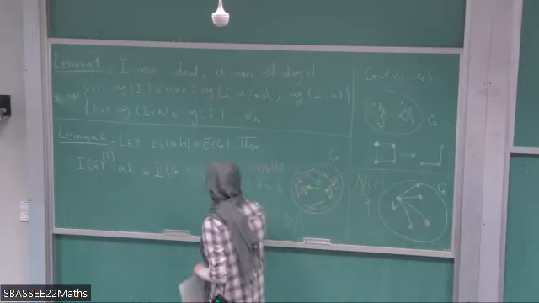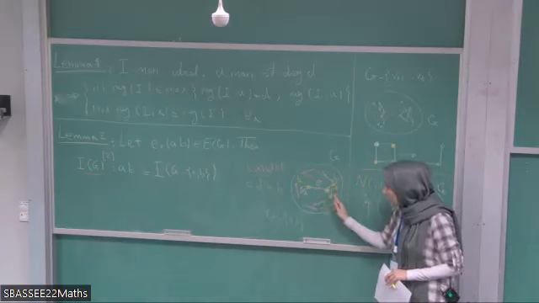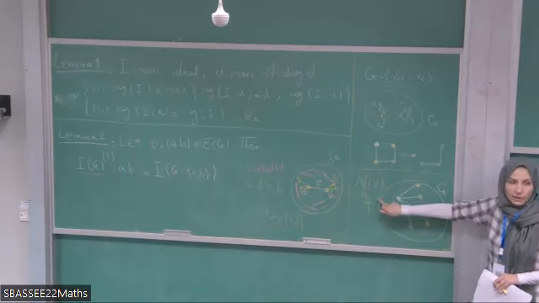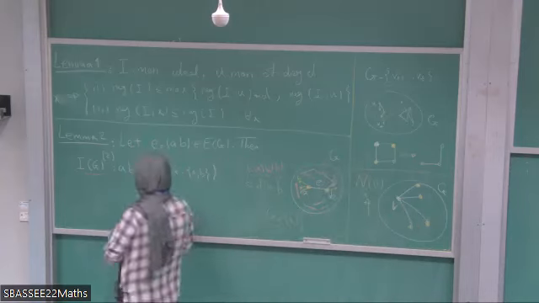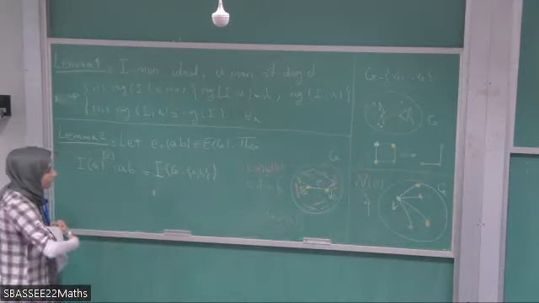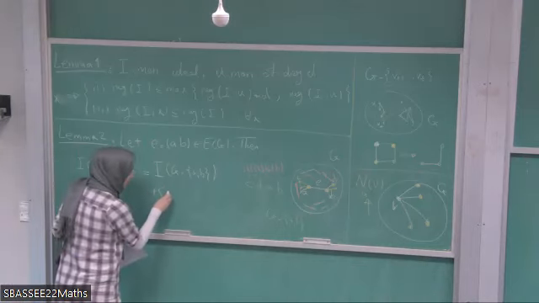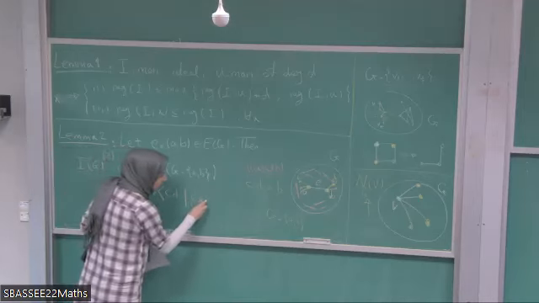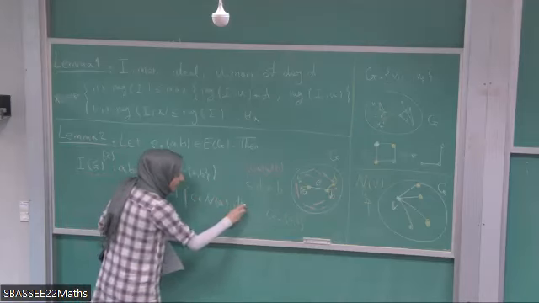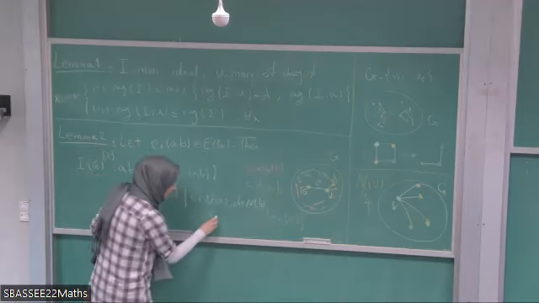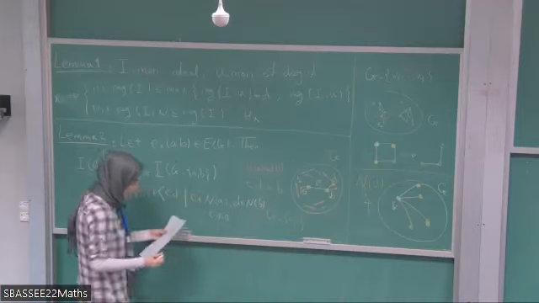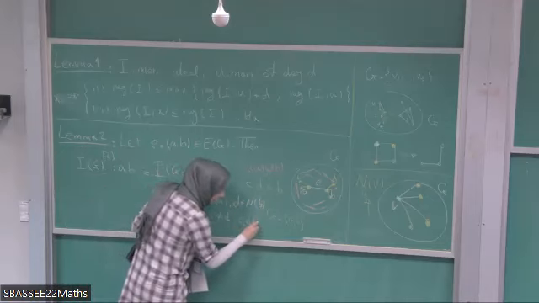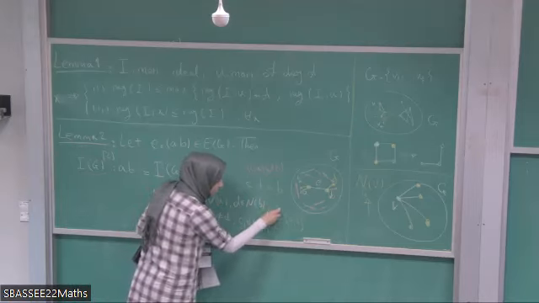So how can I describe this situation? These yellow points come from the neighborhood of either A or B. So I write it here as the ideal generated by all CD such that C is in the neighborhood of A, D is in the neighborhood of B, and C is different from D, and they are also not A and B, just to be more precise.